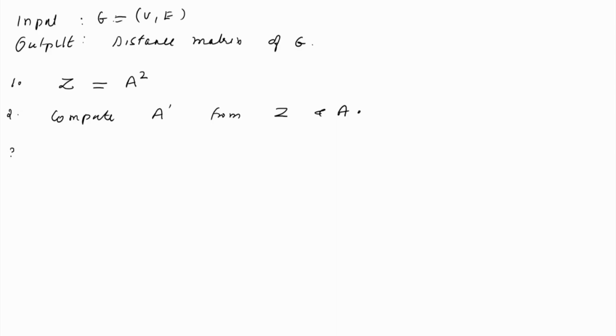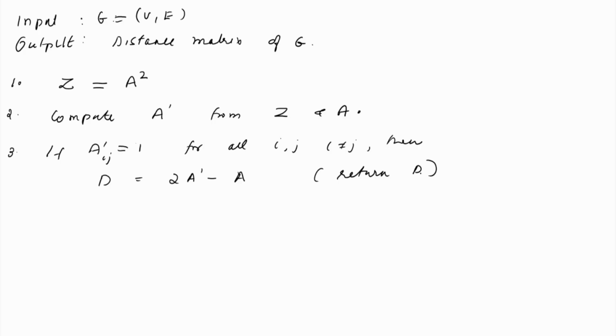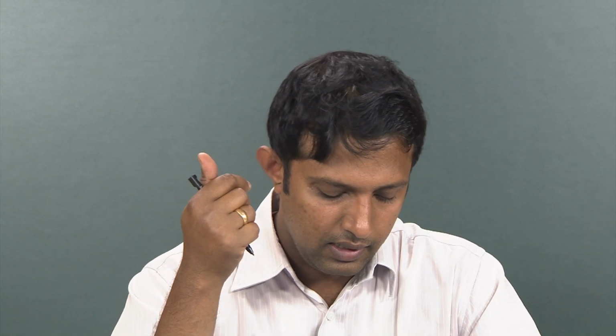So, A prime can be computed, and when A'_ij is equal to 1 for all i, j where i is not equal to j, then D will be equal to 2 times A prime minus A, and we return this D. That is, if you have computed the adjacency matrix of the square and it is the complete matrix, then we readily compute the distance matrix from the adjacency matrices and return that.